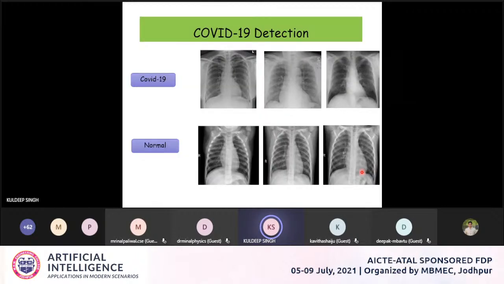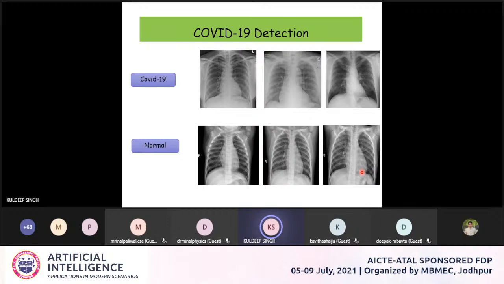So let's come back to our original discussion: how do we detect COVID-19 from chest X-rays? Suppose we have certain examples. We have a collection of chest X-ray images of the patients who came to a lab for the tests. And we know that these particular chest X-rays belong to the patients who were diagnosed with COVID-19.